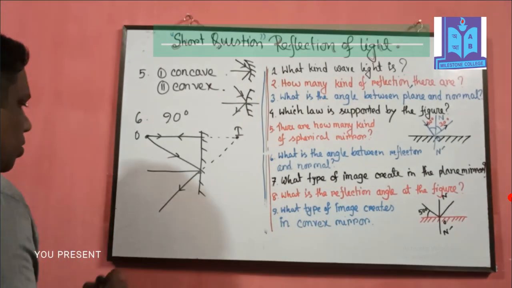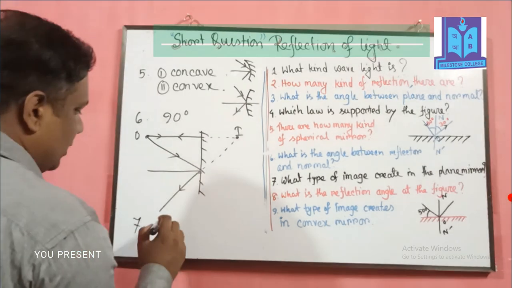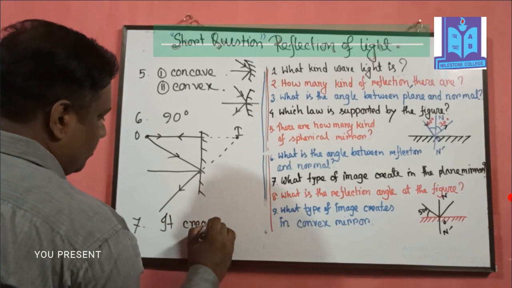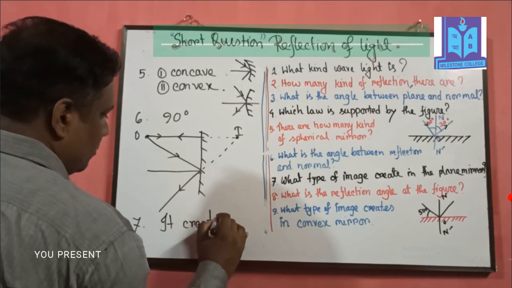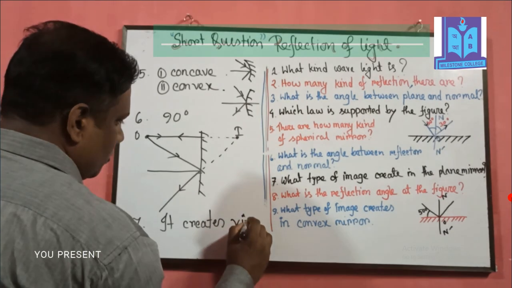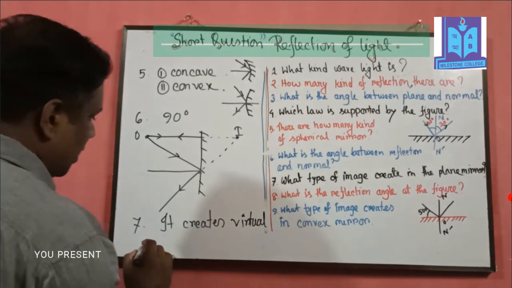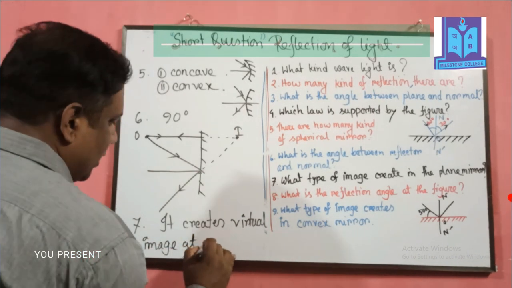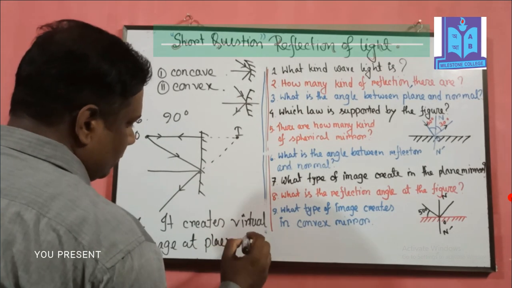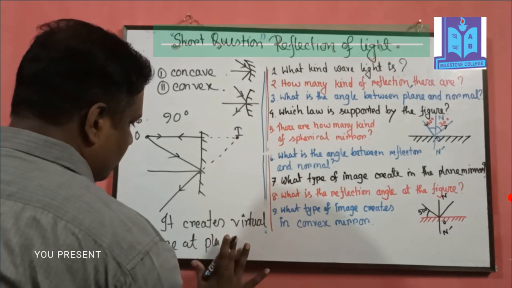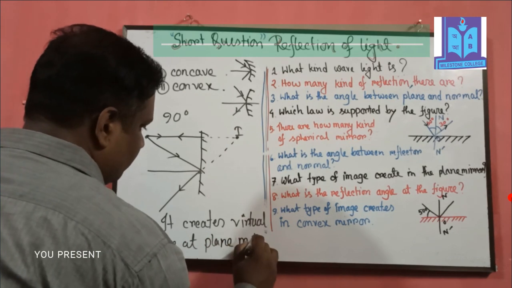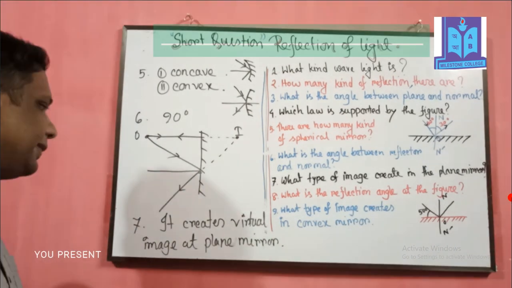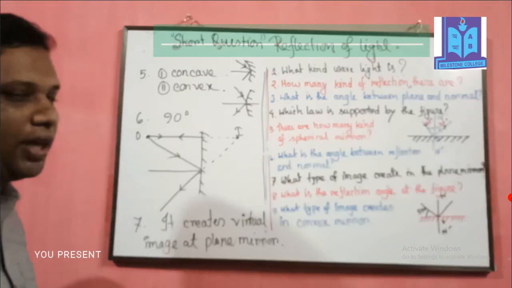You can write the answer: it creates a virtual image at the plane mirror.